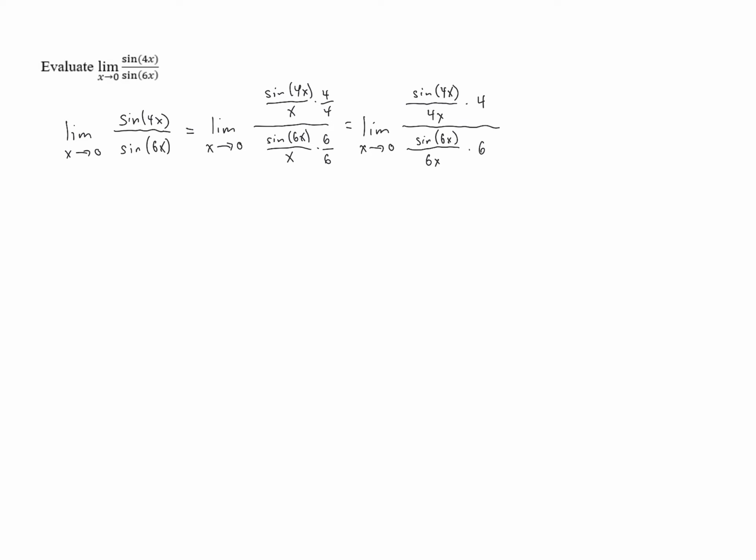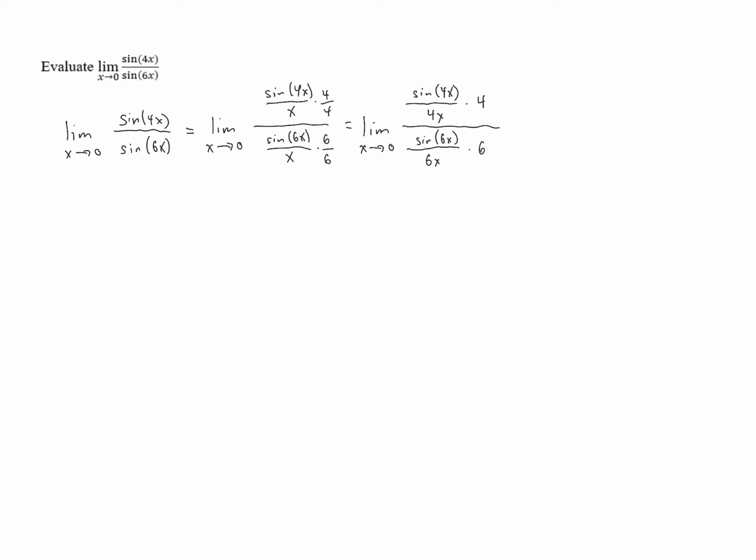All right. And so then at this point, we know that the limit of a quotient is the quotient of the limits, so we can split this up into two limits. And remember that the limit of something times a constant is just the constant times the limit, so we can pull those constants out front. And so what this is going to give us is, let's separate this into two limits and pull the constant multipliers out front.